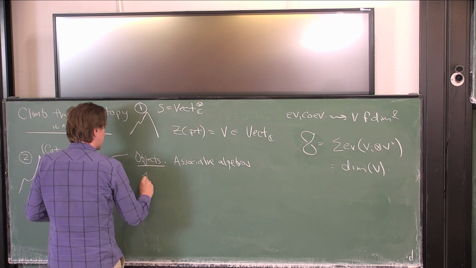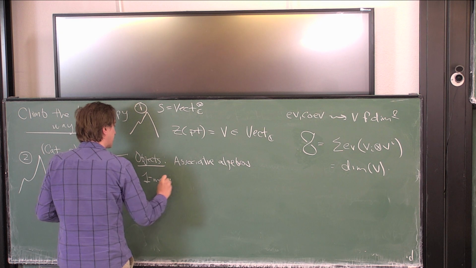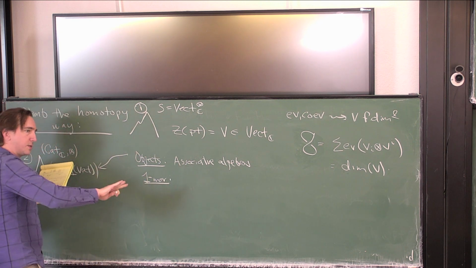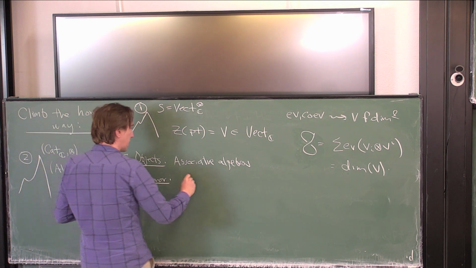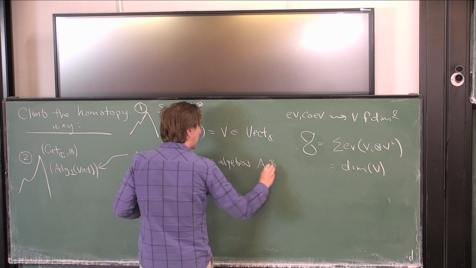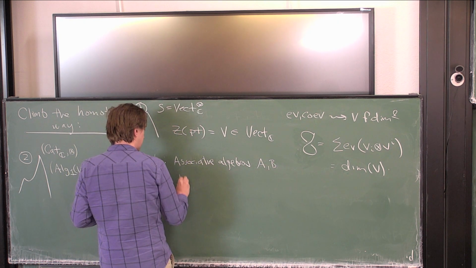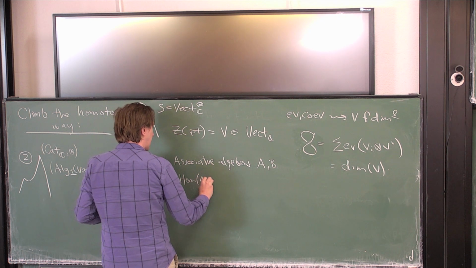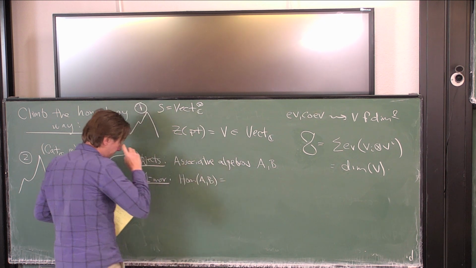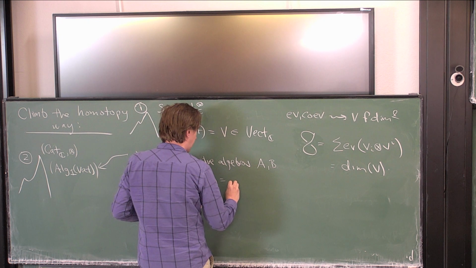The slightly subtle thing is that the one-morphisms are not homomorphisms of algebras, which would be your first guess. If I have two algebras A and B, then the HOMs from A to B form a category: the category of A-B bimodules.